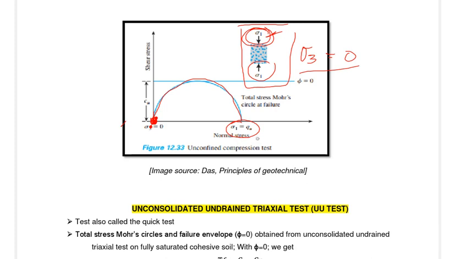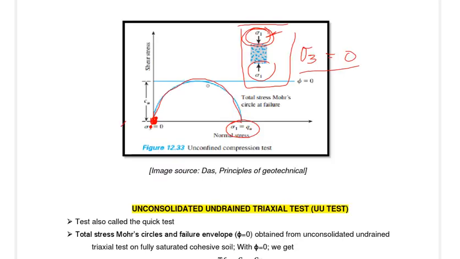So, at failure, the maximum principal stress is denoted by this symbol sigma 1, or what we call qu. So, this is a total stress since we have no measures of the pore pressure and cannot determine it, since this is a special type of our triaxial.